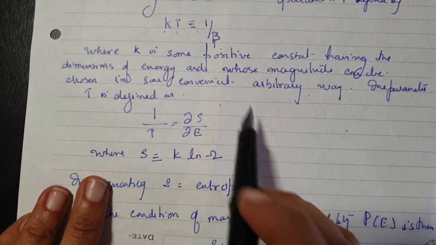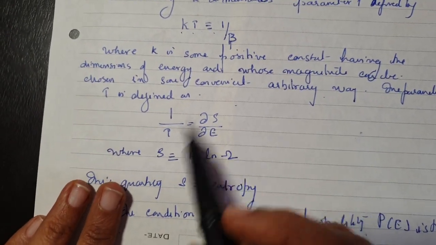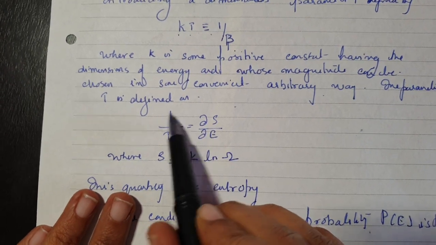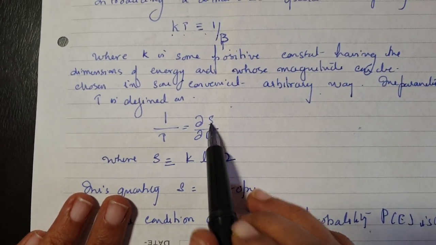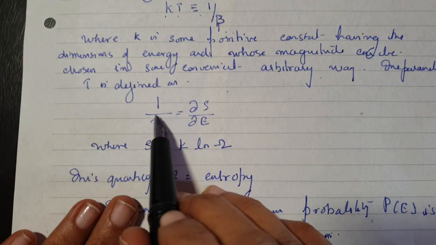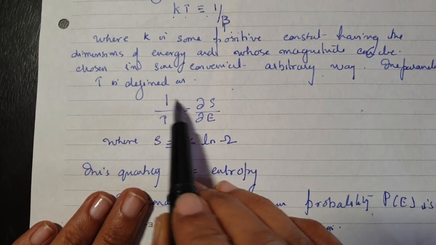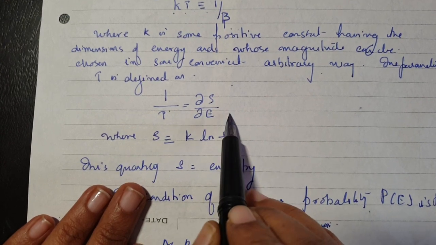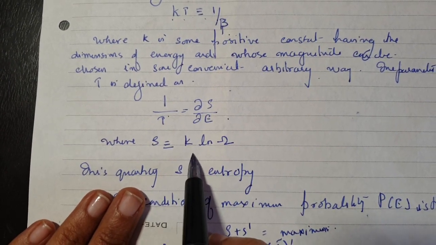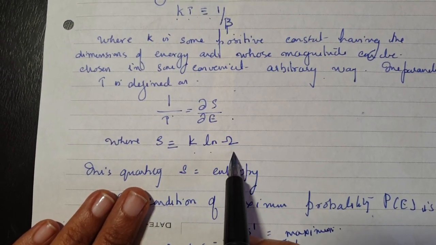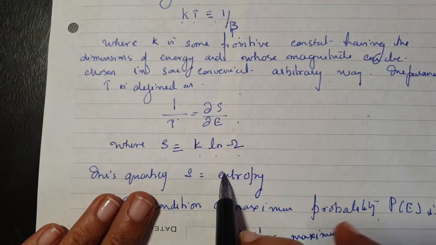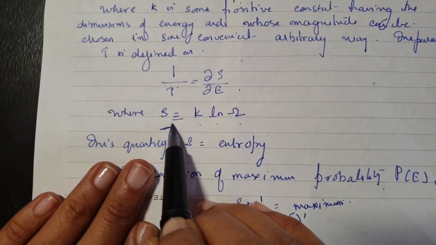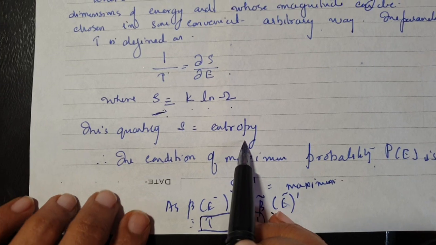They are just showing you how they arrived at it. So T is defined as a dimensionless constant value, 1 by T is given by dS by dE, where S is equal to k ln omega. We already know that this is entropy.